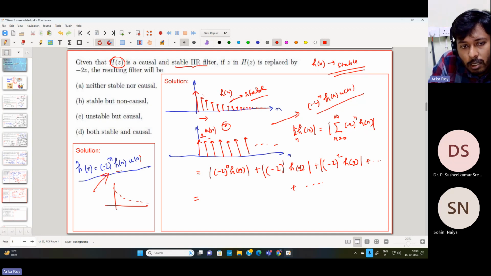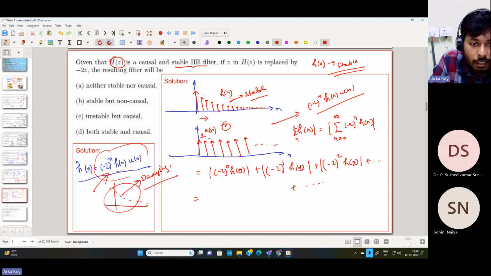So the multiplication will also retain the same particular formation. This signal still becomes a decaying sequence even after multiplying with minus 2 to the power n, and it retains the decaying property. So therefore we can say that the signal is a stable one.